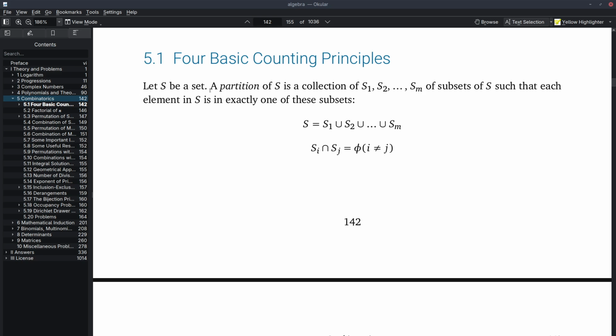Let S be a set. A partition of S is a collection S1, S2 up to Sm of subsets of S such that each element in S is in exactly one of these subsets. So S is the union of S1, S2 and so on through Sm, and the intersection of any 2 subsets is phi.